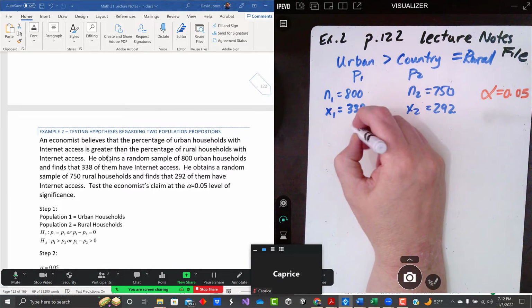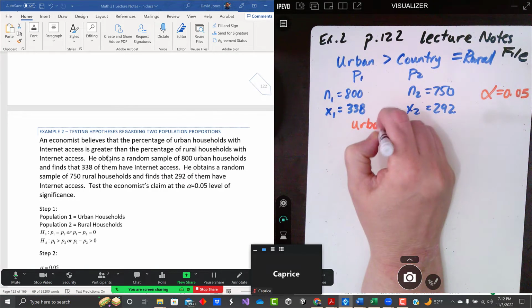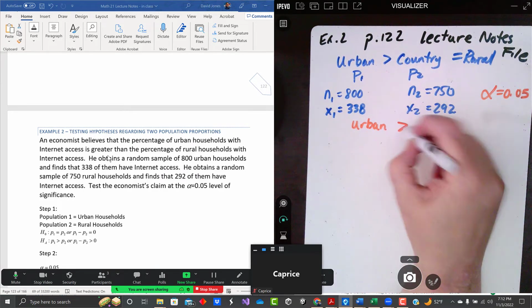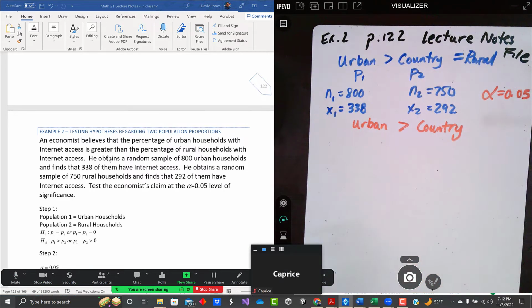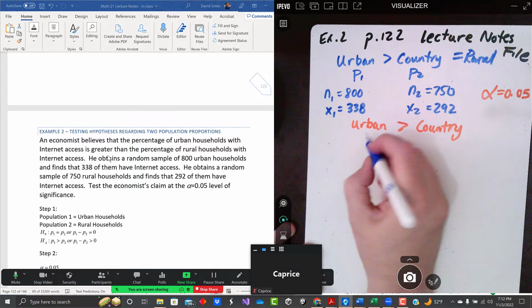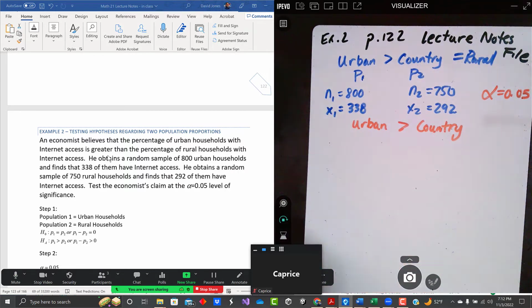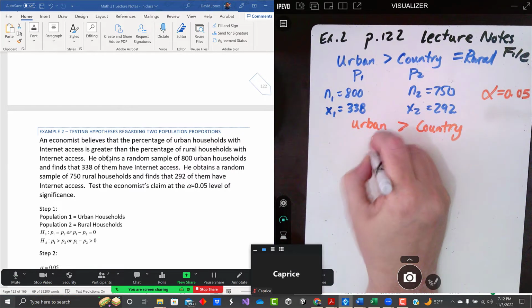And in the words of the economist, urban has a greater percentage than country, so we need our results to match that. I've labeled urban P1 and country P2.